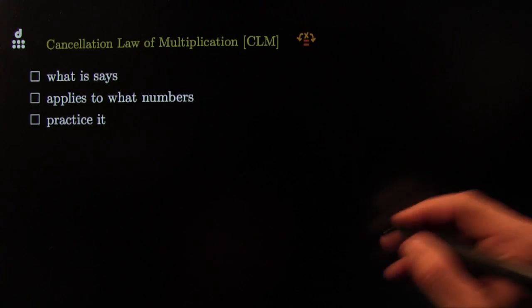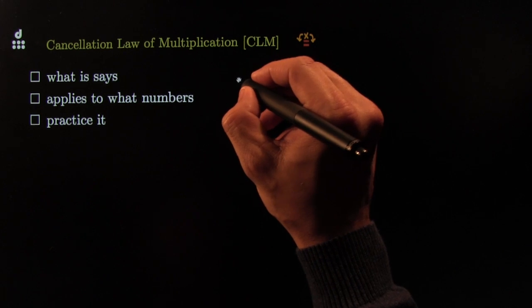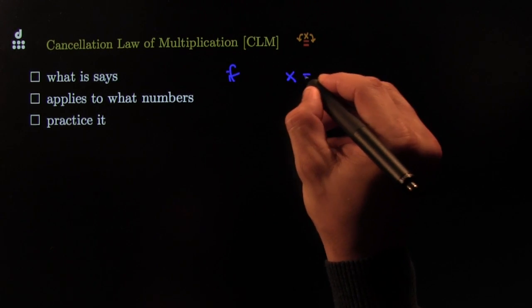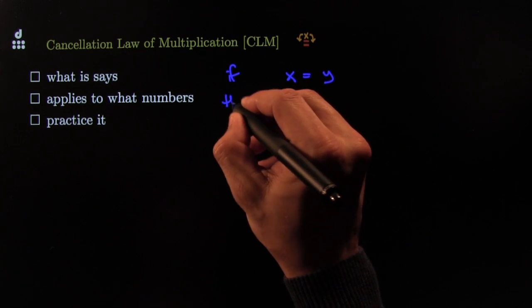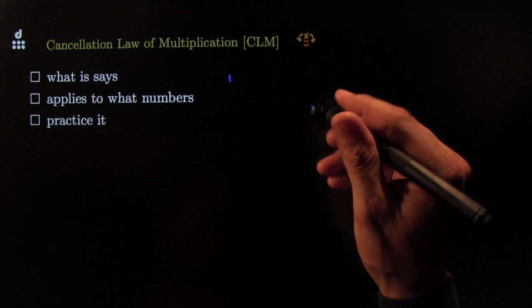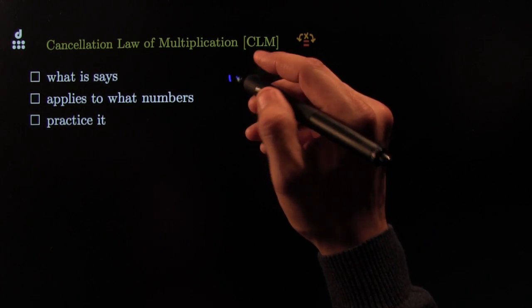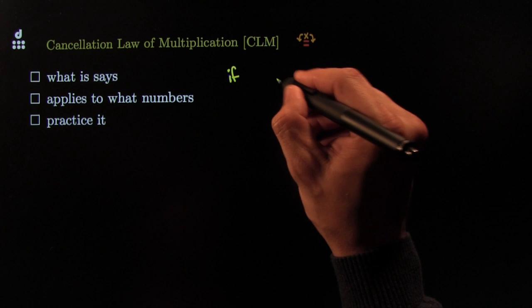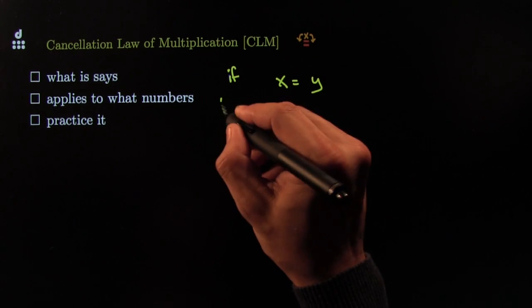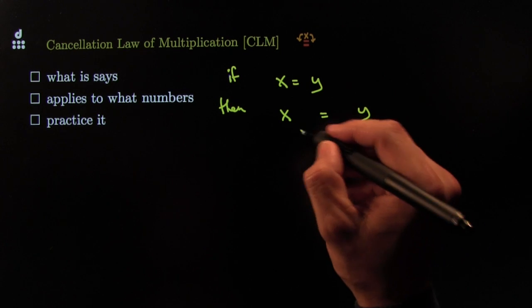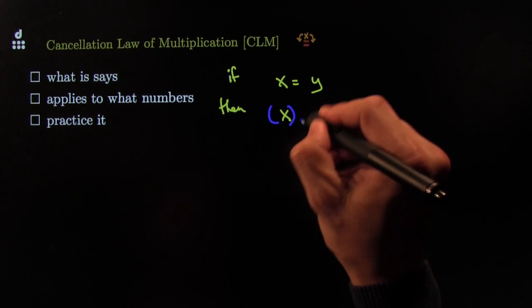The one for multiplication would say that you can multiply on both sides, obviously. So it would look like this. This one has an if and then format. So we're going to go with if x equals y, then x equals y, except that now we slap a number on both sides.